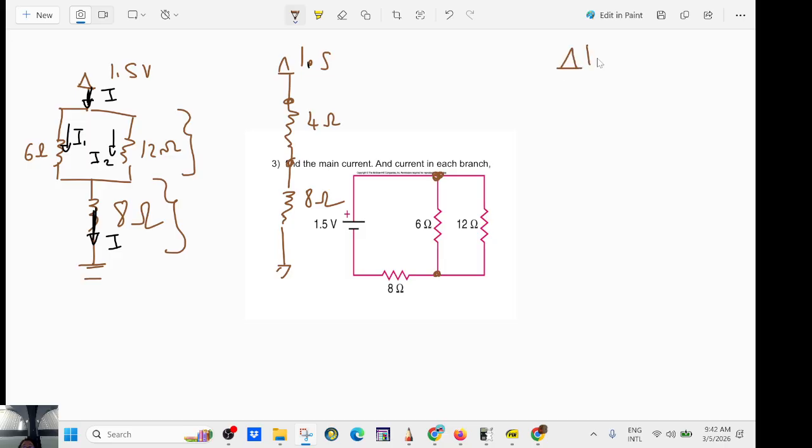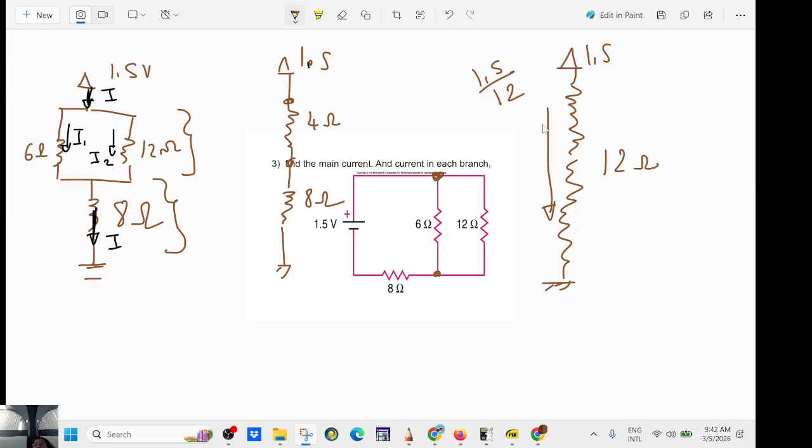Then this is equivalent to 1.5, and then 12. So the current here is going to be 12 divided by 1.5. Agree? That's easy, right? So 0.125.